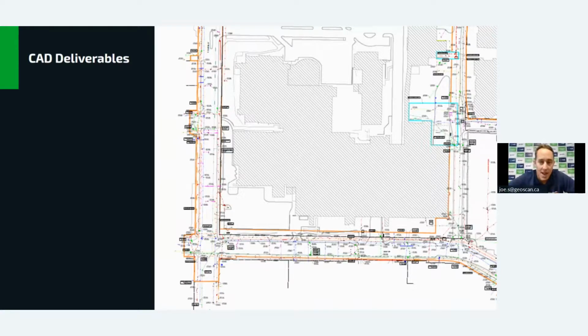And then the client receives a geo-referenced drawing, a record that's accurate and to scale of all the utilities located in an area. And we can either create the topographical drawing, like the base plan that this overlays, or we can overlay it onto an existing one.